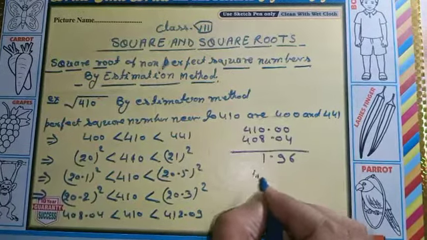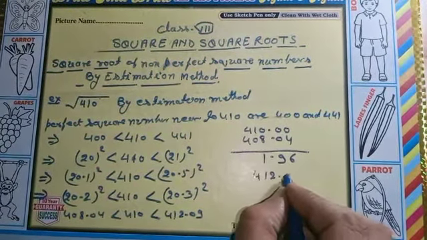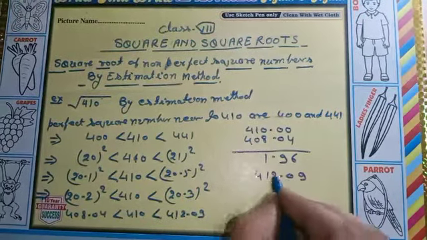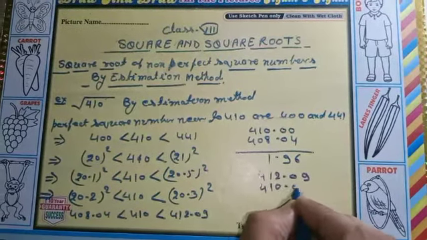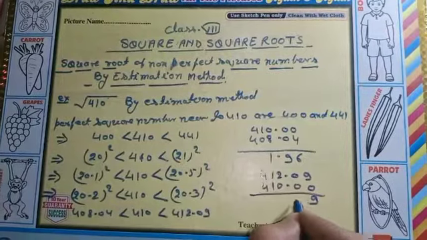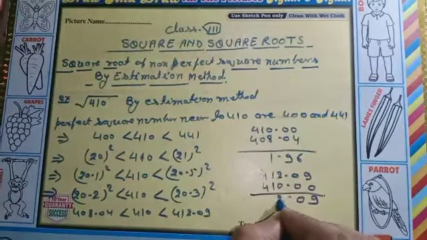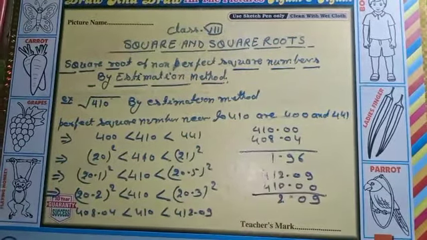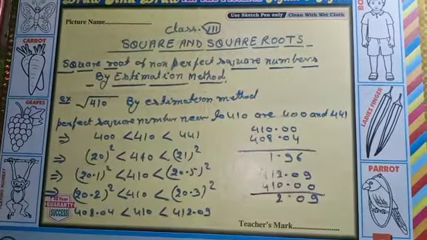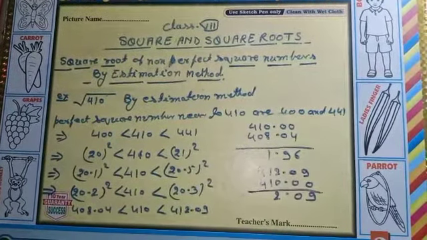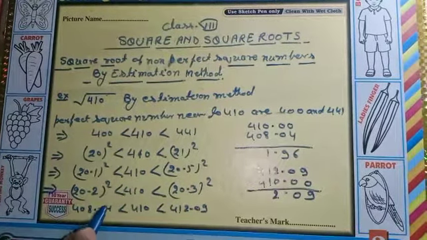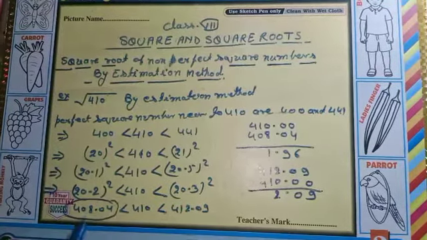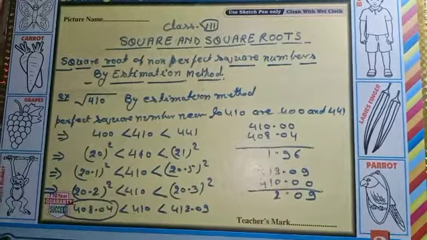Now 412.09 minus 410 is 2.09. So which number is nearer? 408.04 is nearer to 410.